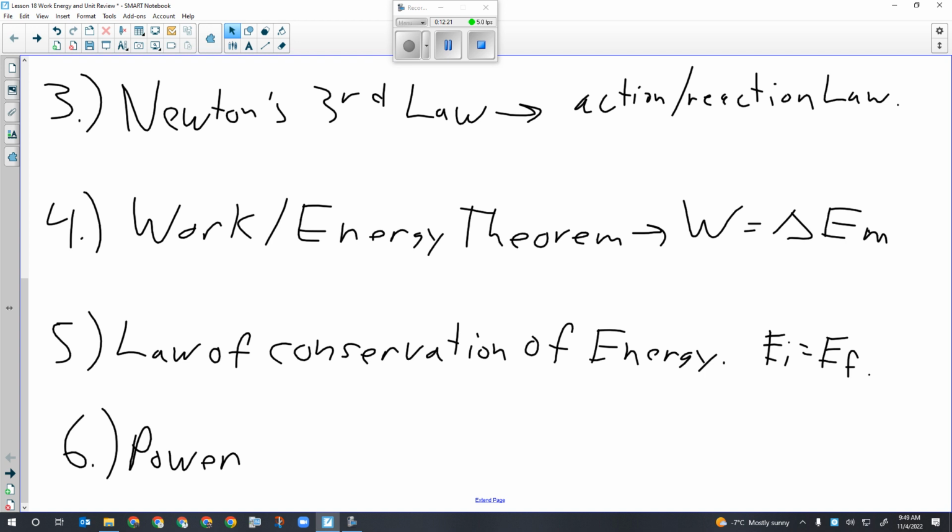Right, so in the multiple choice, things like Newton's first law, Newton's second law, work and energy, Newton's second law, work and energy, work and energy, Newton's second law, Newton's third law, Newton's second law, Newton's second law, work and energy.